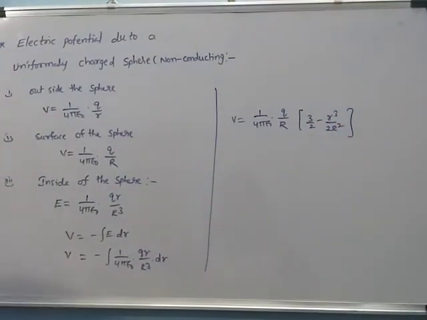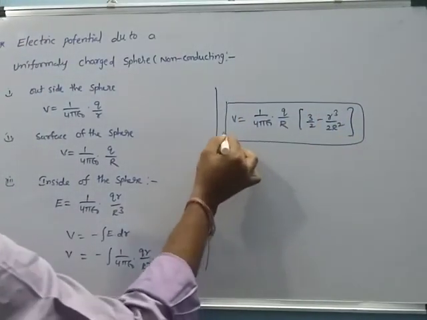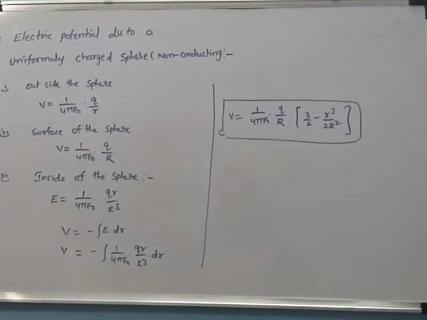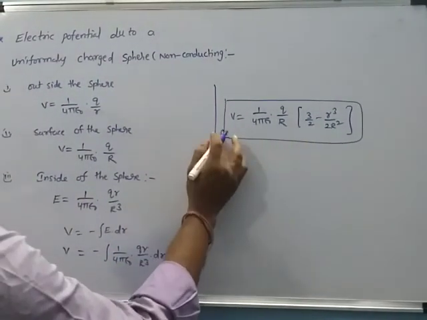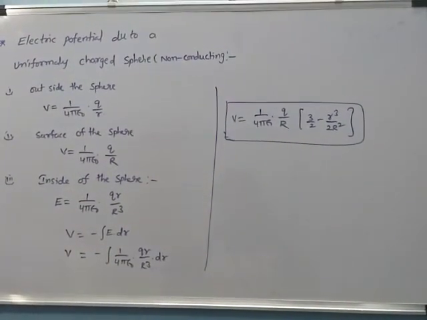This is the electric potential due to a uniformly charged non-conducting sphere, inside. So the formula is V is equal to 1 by 4 pi epsilon naught Q by R into 3 by 2 minus r square by 2R square.